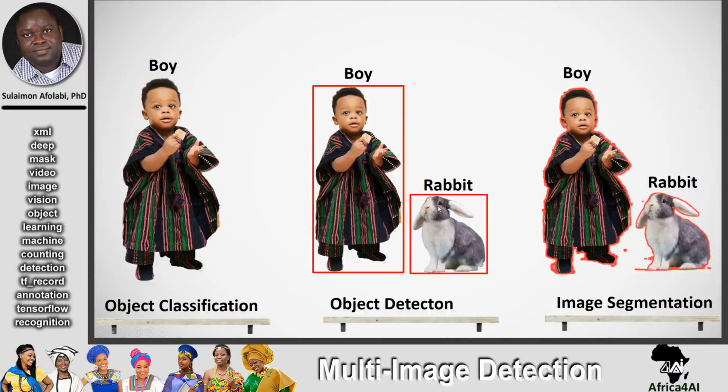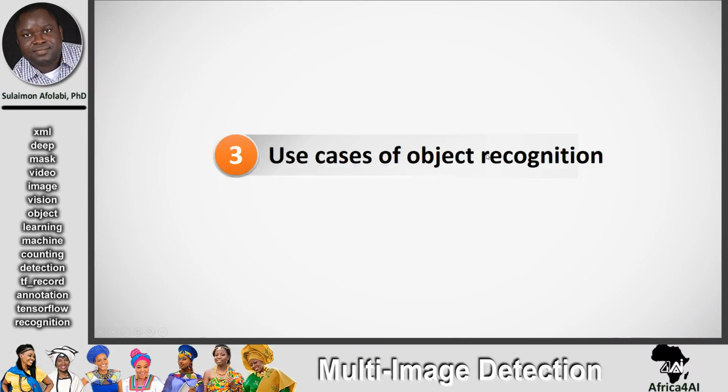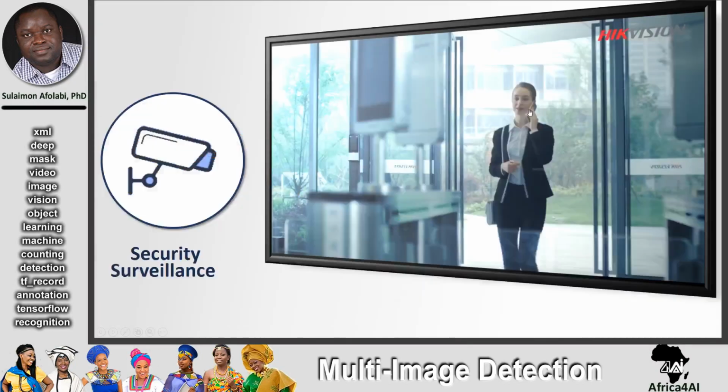When people talk about object detection, they talk about localization as well, but we are not categorizing based on that. Use cases of object detection or recognition. There are quite many. I will show you the video of some of them.